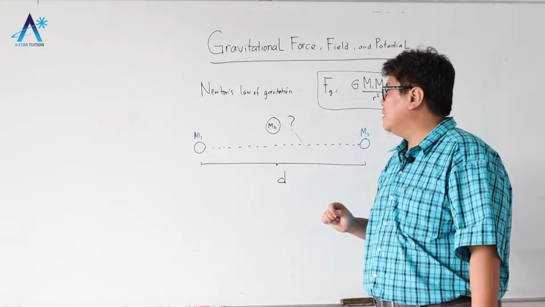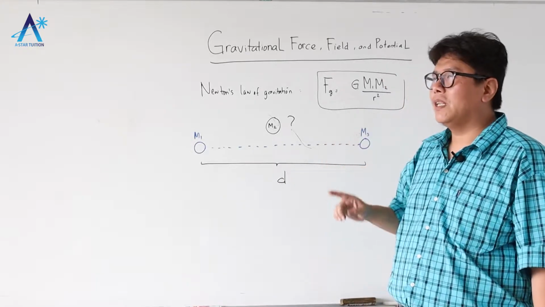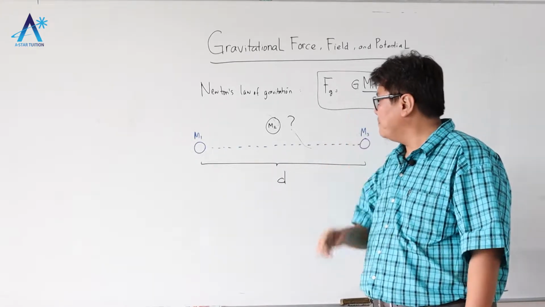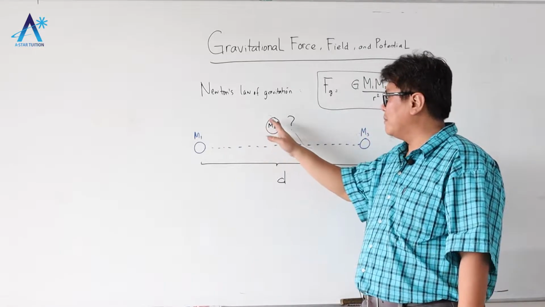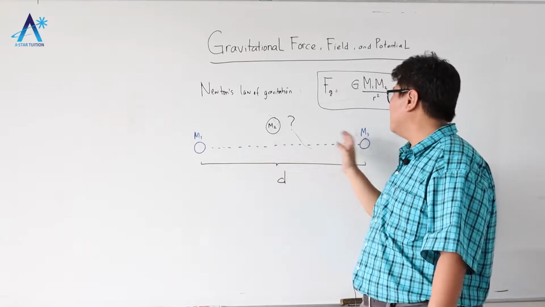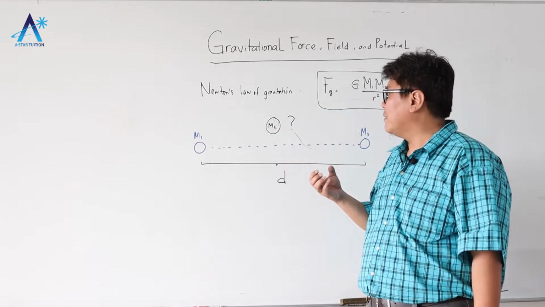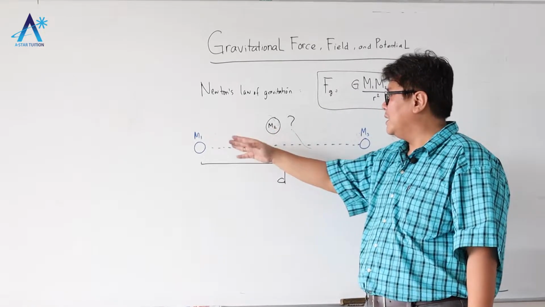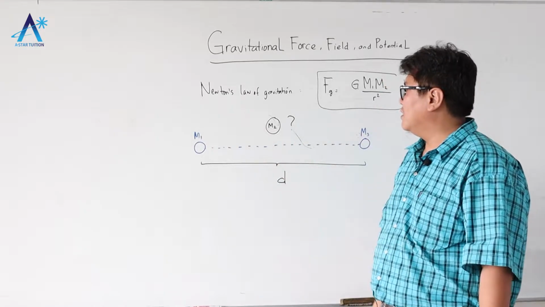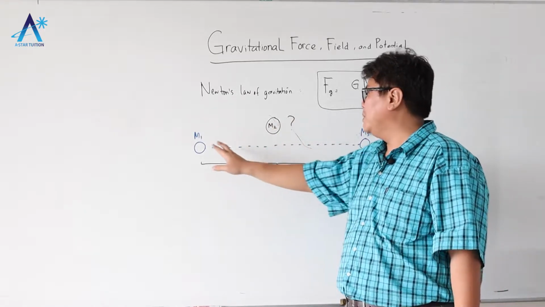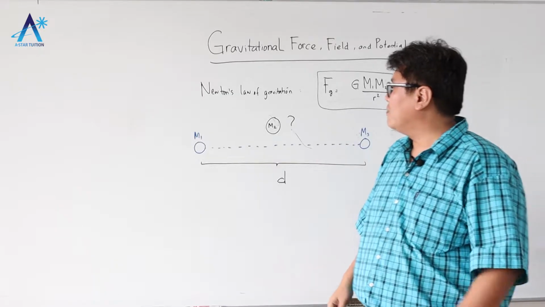So remember, for the example that I showed you, the first one, if you put m2 in between m1 and m3, it will experience gravitational pull from each of the masses. So obviously m2 must be in between m1 and m3. You cannot put m2 here.